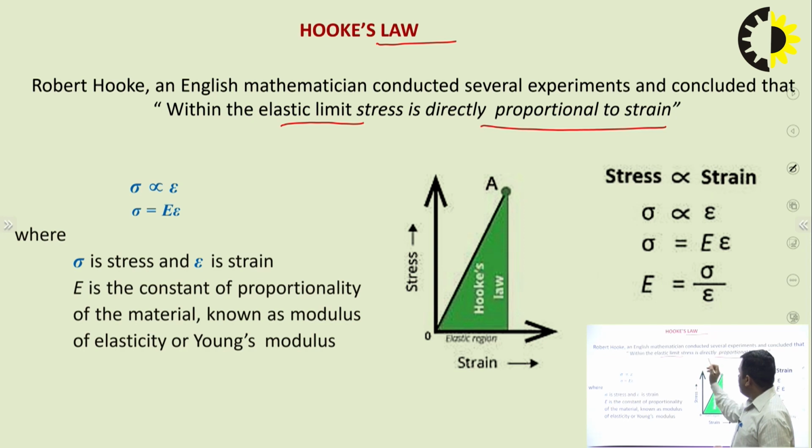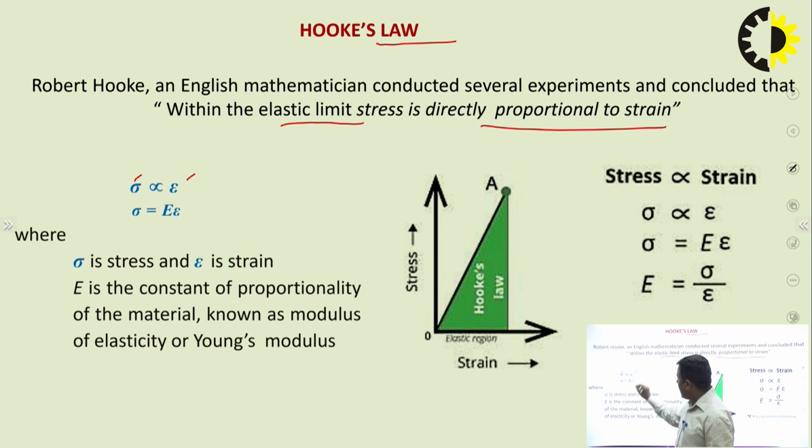Within the elastic limit, the stress offered by the body is directly proportional to the strain developed. If I denote the stress by sigma, and the strain by epsilon, then sigma is directly proportional to epsilon.